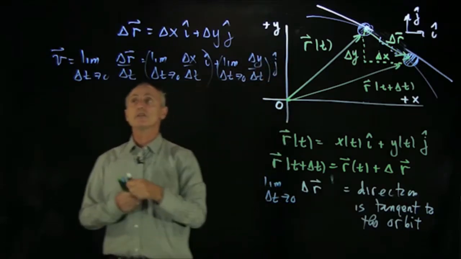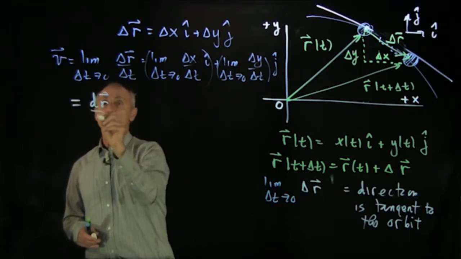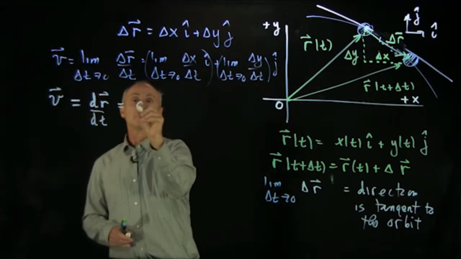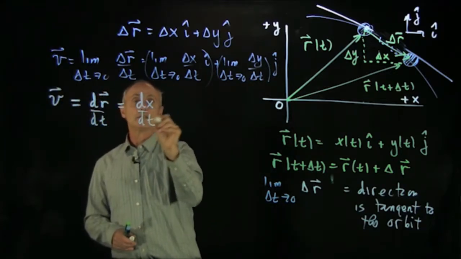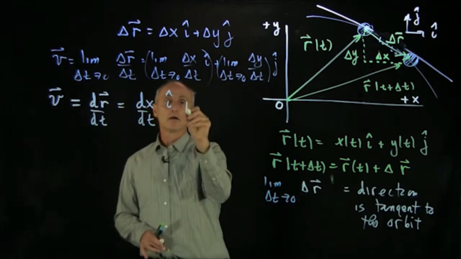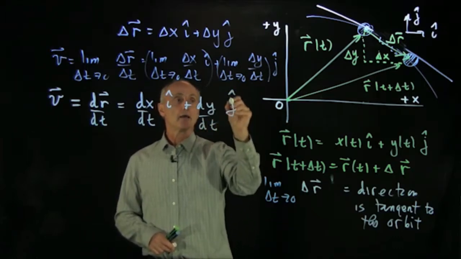And the definition of these limits, we'll write that as the derivative dr/dt. So the velocity is dr/dt, and that's equal to dx/dt, how that coordinate function is changing in time, i hat, plus dy/dt j hat.